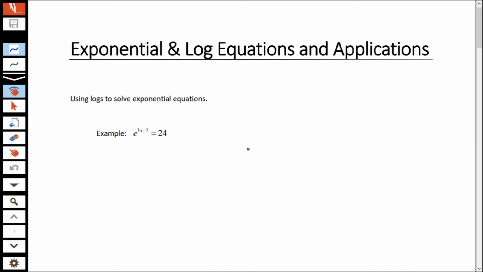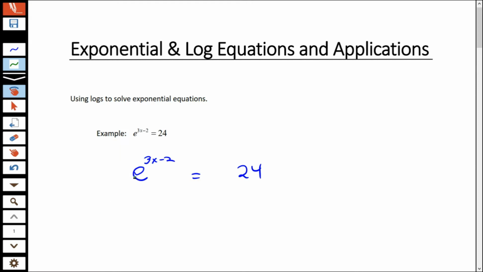So, when you get an equation where it's e to the something, here it's e to the 3x minus 2 equals 24 on the other side, what we can do is get rid of this e to the power, to undo that exponential and bring down this exponent up there, we can use the inverse operation.